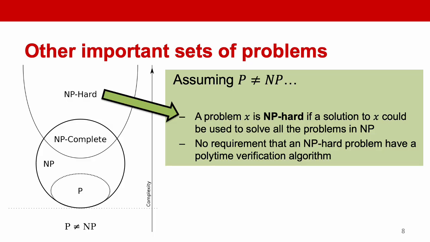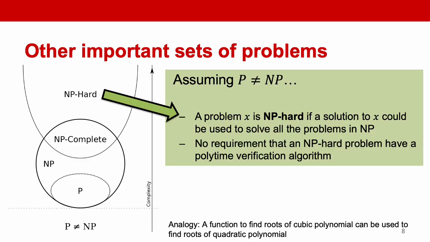Now if we assume that P is not equal to NP, then there is this concept of a problem being NP hard, which is a special type of problem where if you could find a solution to X, it could then be used to solve all the problems in NP. There is no requirement that an NP hard problem have a polytime verification algorithm. For example, think about this as problems being harder or easier.